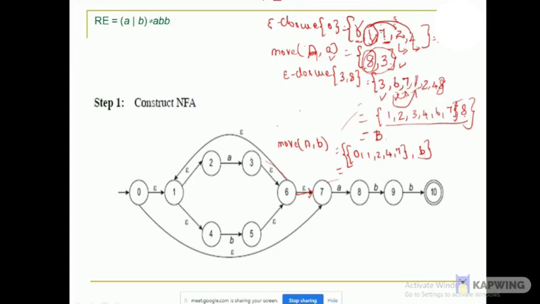No. From 1? No. From 2? No. From 4, it is moving to 5. So we can include 5 as our first transition destination state. From 7, there is only one transition on A, but there is no B transition. So this is the only state. Right. Now we have to find the epsilon closure for this.